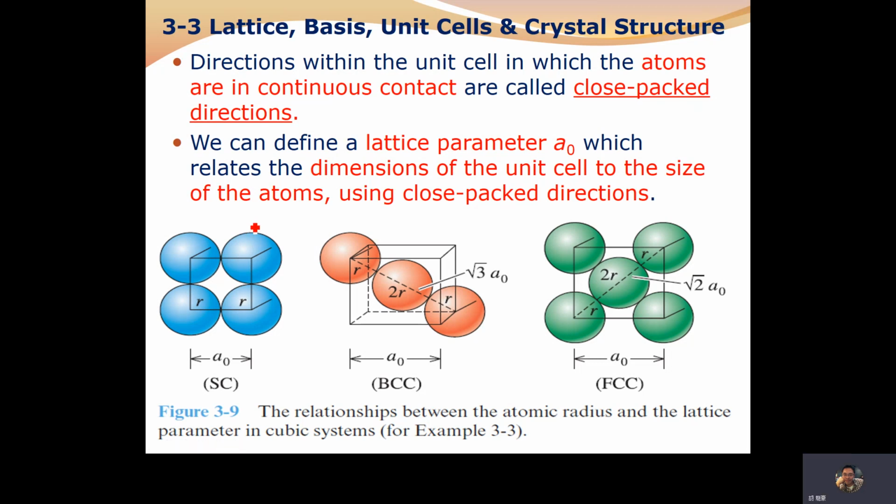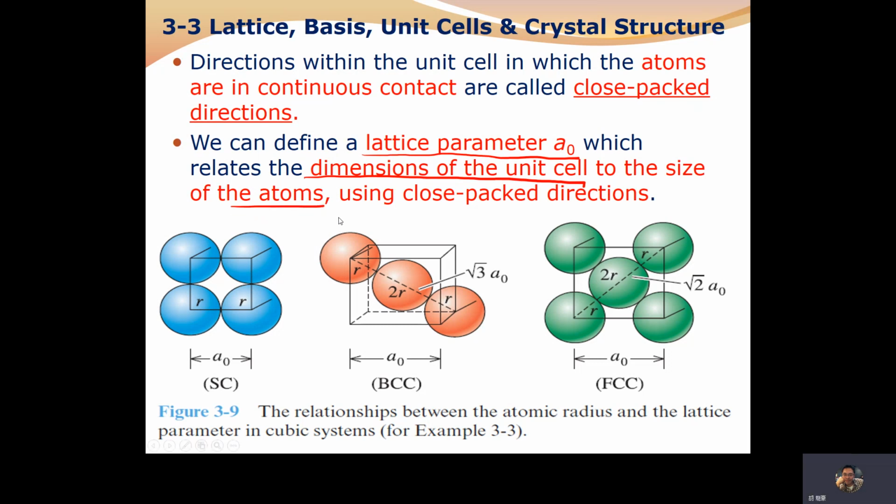And we can find a relation between the lattice parameter a0, which is the dimension of each unit cell, and the size of each atom.